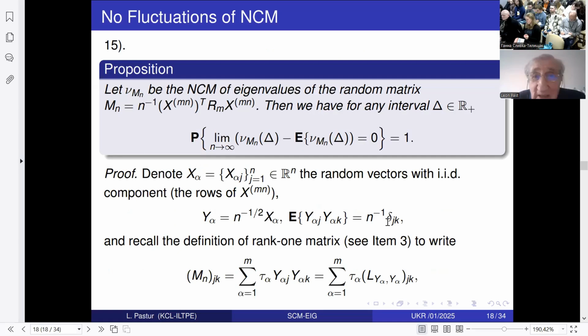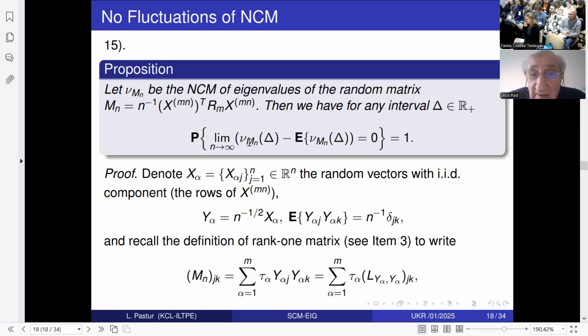Well, at the first step, quite important by the way, of the proof, we are going to prove the proposition which is formulated here. If we have the same matrix, and nu_MN as denoted before is its eigenvalue counting measure, then it's a random variable, a random measure. Since it is random, we can of course take expectation. Again, it's a misprint: this should be a bracket, not just a parenthesis.